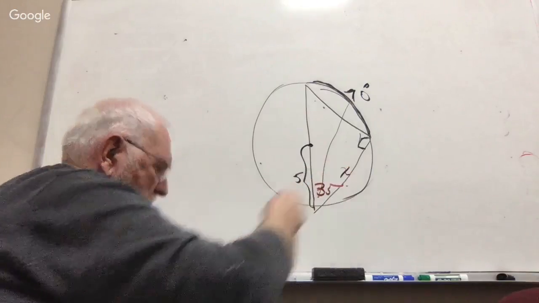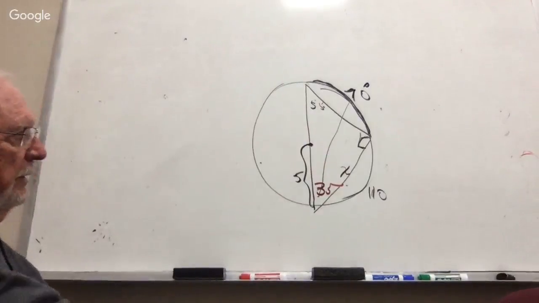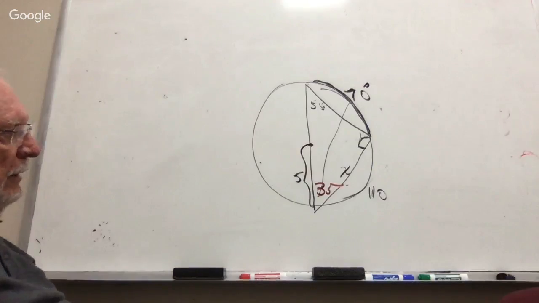And from the top of the triangle to the bottom is 180. So 180 minus 70 is 110. And then that other angle would be half of that, which is 55. But that hasn't helped us with the X yet.